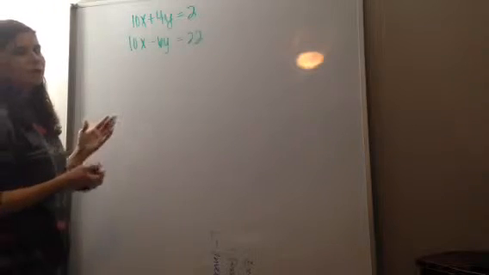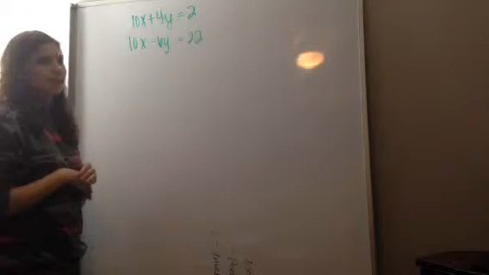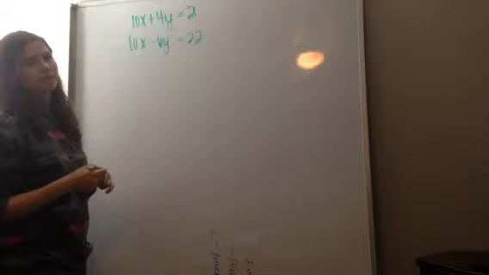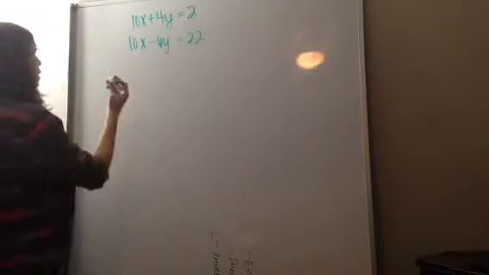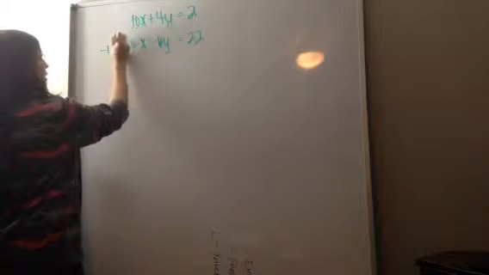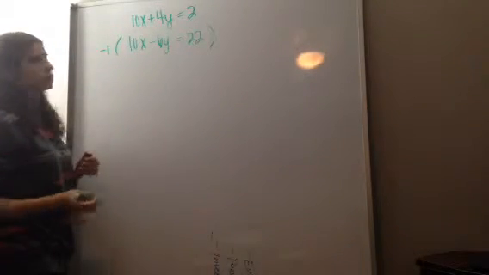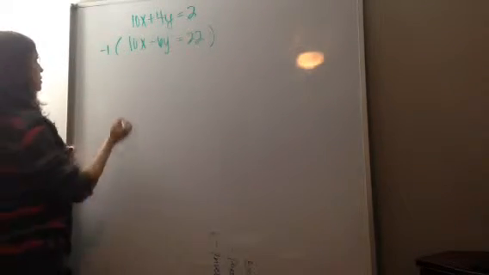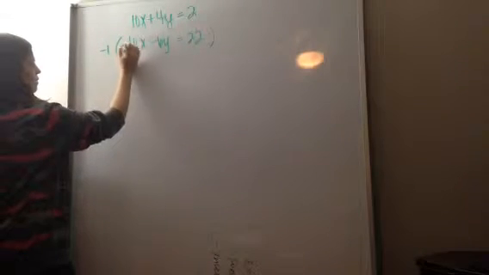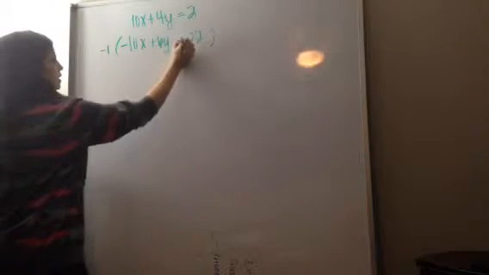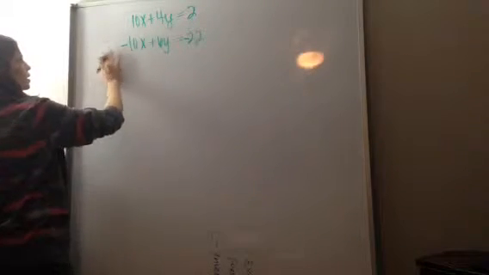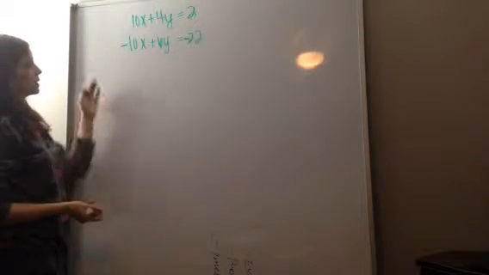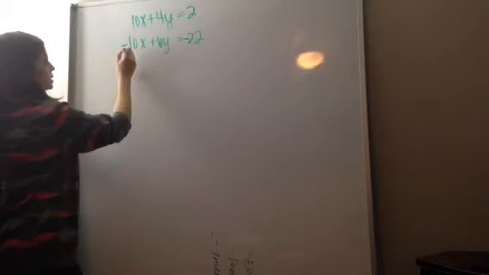But in order for us to add them and for them to eliminate, one of them has to be negative. So then we have to multiply one of these by a negative. So I can multiply all of this by a negative, which would just change all of the signs. So that's going to make this a negative, this a positive, and this a negative. And then I'm just going to erase this for sake of work. So multiplying by a negative just changed all of those signs.